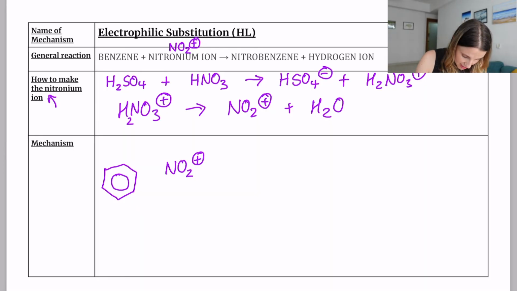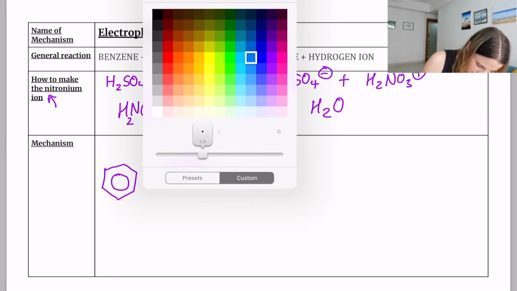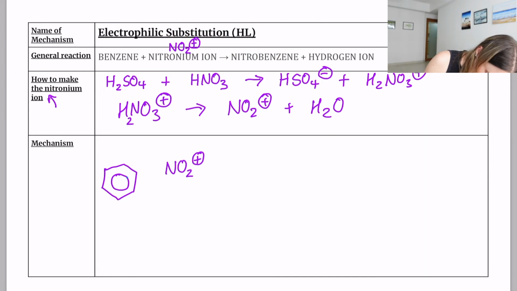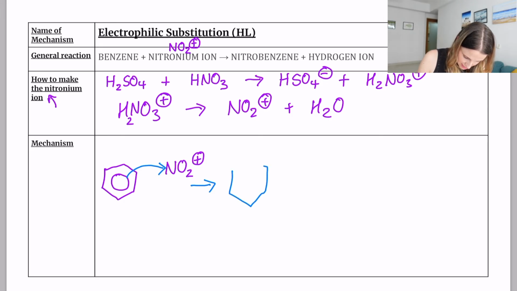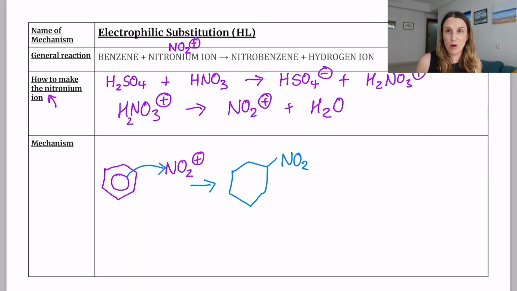So the arrow that I'm going to draw is going to come from the ring, from those delocalized electrons, to the nitrogen in my nitronium ion. Now, what that's going to give me is the nitronium ion will have added onto one of the carbons, and because I drew my arrow kind of through that carbon in position 2, I'm going to add it on there.